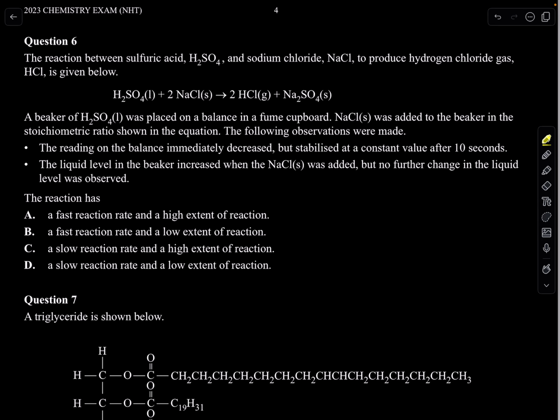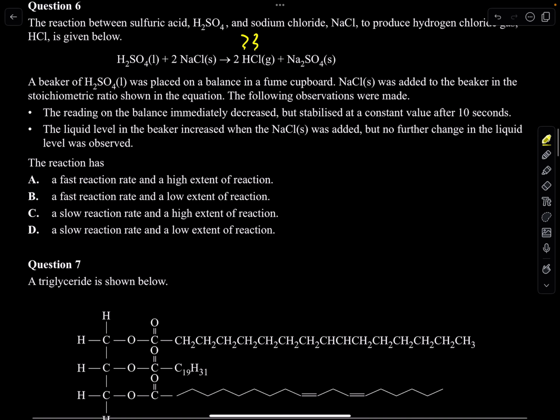Of course it would decrease, because if you react these two, you're going to be forming gas, and the gas will release. And so, yep, that's why. The reading of the balance immediately decreased, but stabilized at a constant value after 10 seconds. The liquid level in the beaker increased when NaCl, so sodium chloride, was added, but no further change in the liquid level was observed. So the reaction has what? A fast rate of reaction or a high extent of reaction?